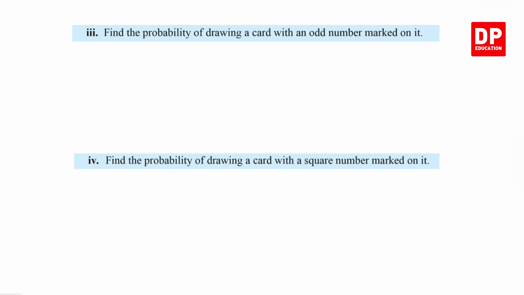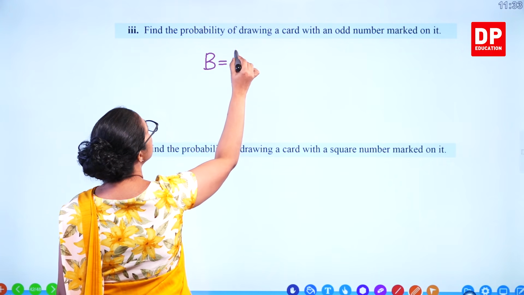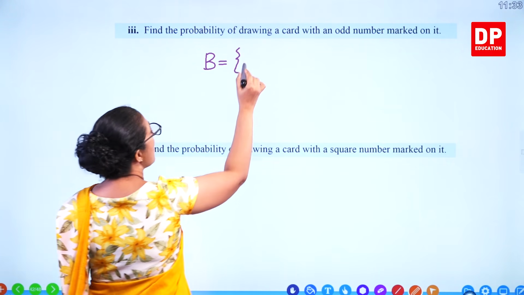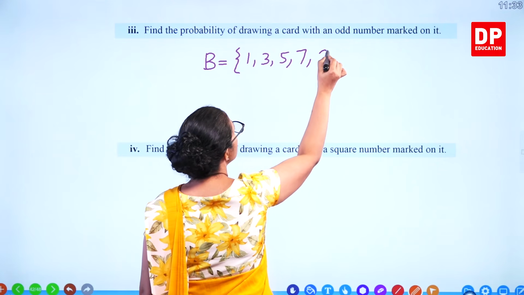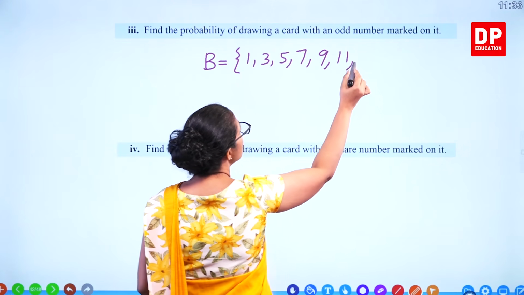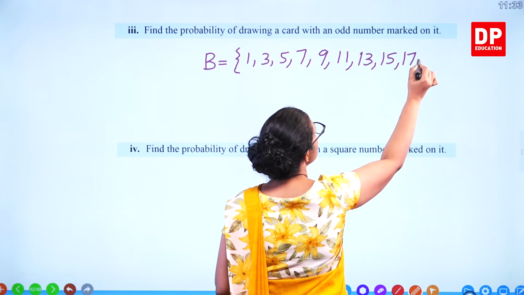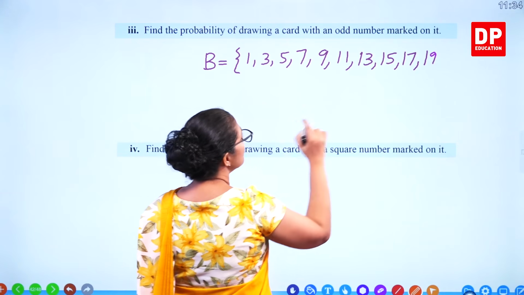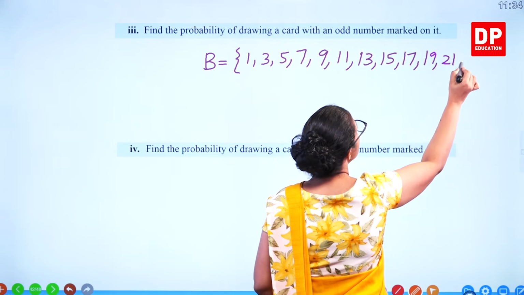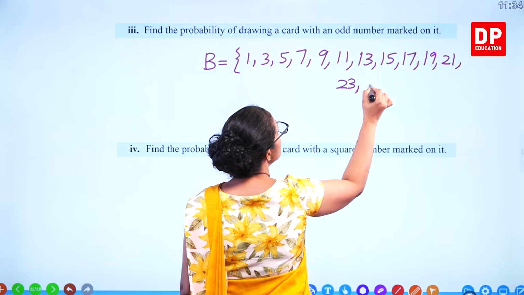Find the probability of drawing a card with an odd number marked on it. So what are the possibilities? You can get odd numbers. 1 to 25. 1, 3, 5, 7, 9, 11, 13, 15, 17, 19. What else? 21, 23, and 25.